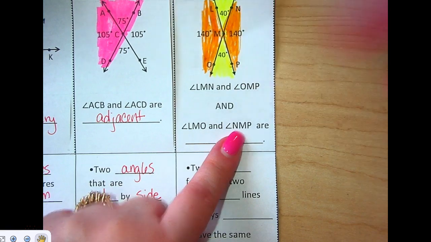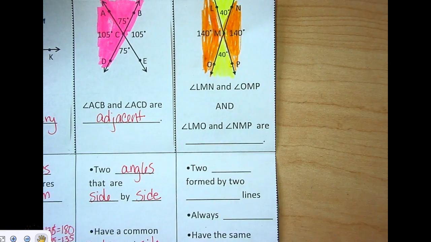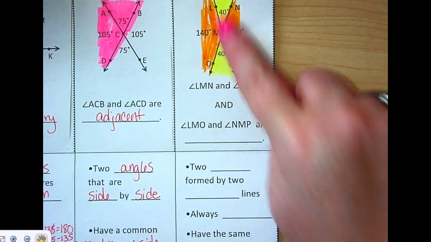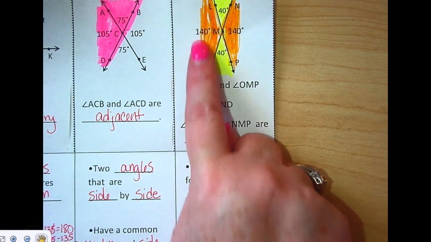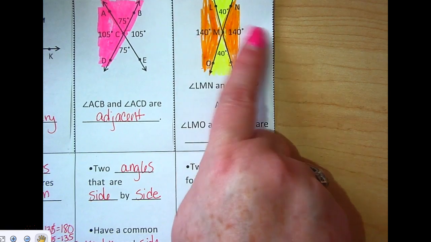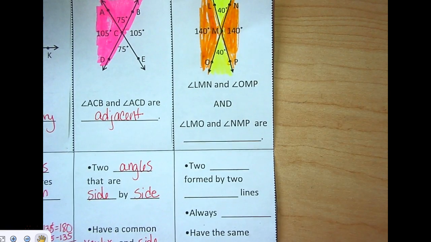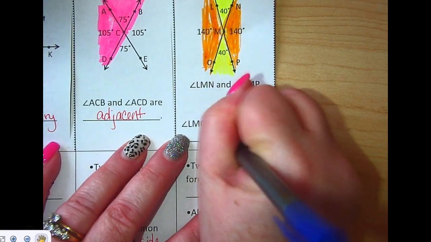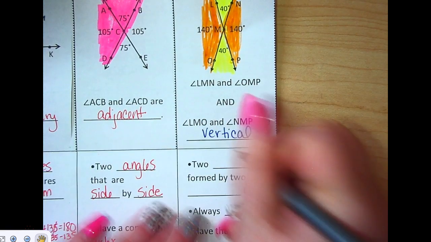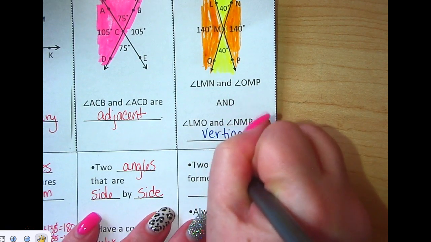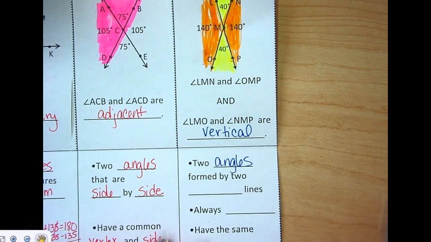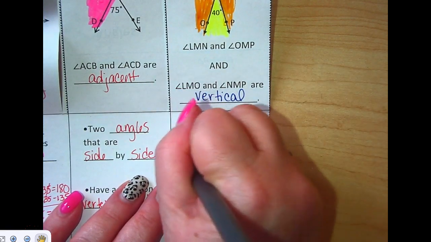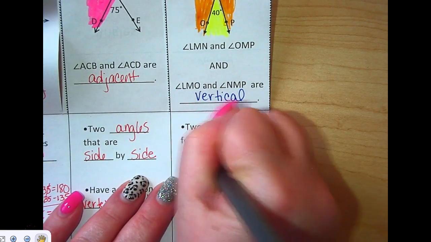What do you notice about them? Well, these two both measure 40 degrees, and these both measure 140 degrees. So they are vertical. They are two angles formed by two intersecting lines.